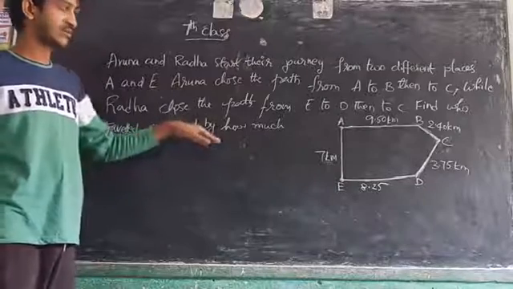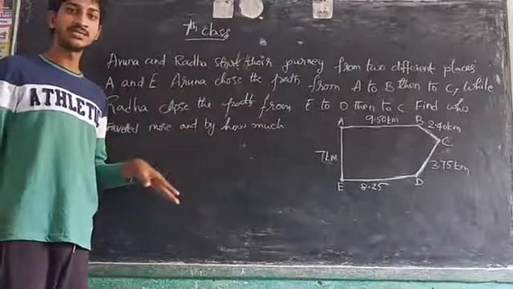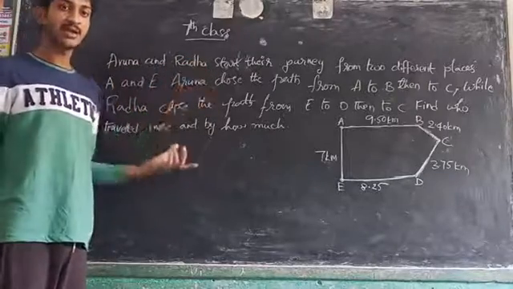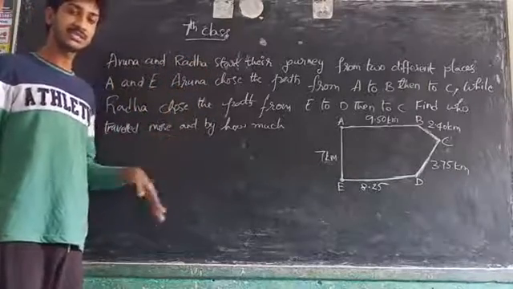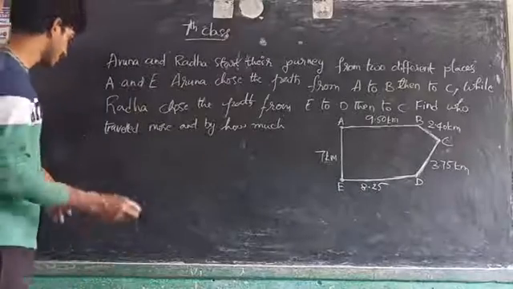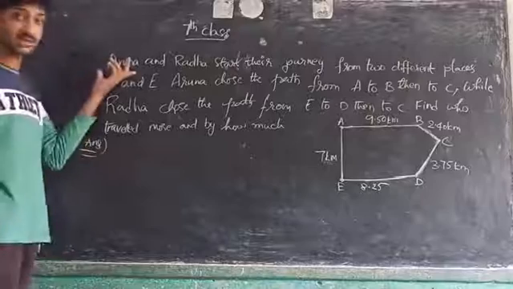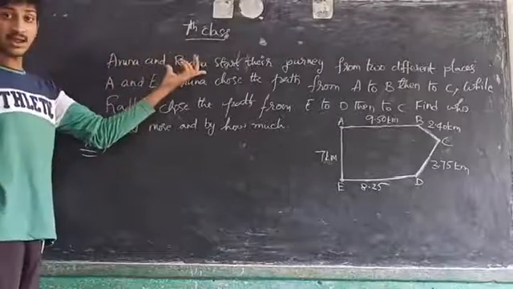So we have to find the distance traveled by Arjun and the distance traveled by Radha, and who traveled more distance. So see here children, first of all I am finding Arjun's traveling distance and then Radha's traveling distance.